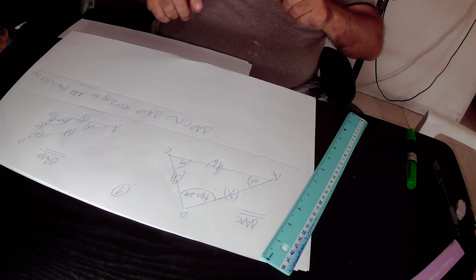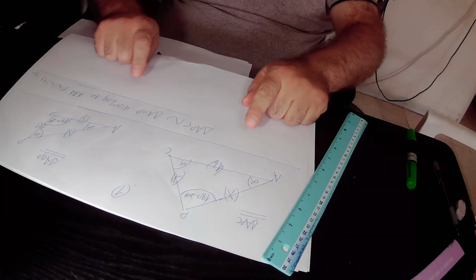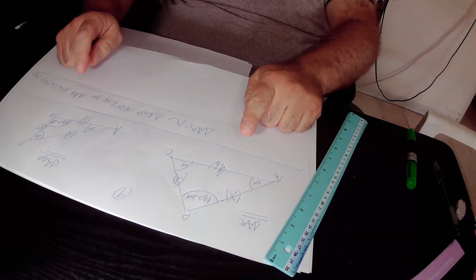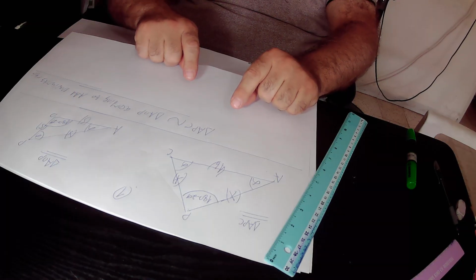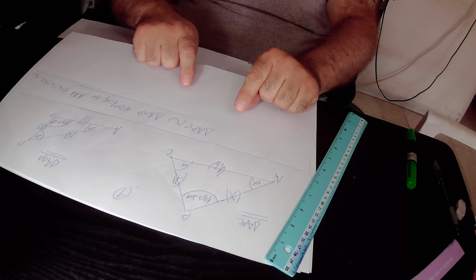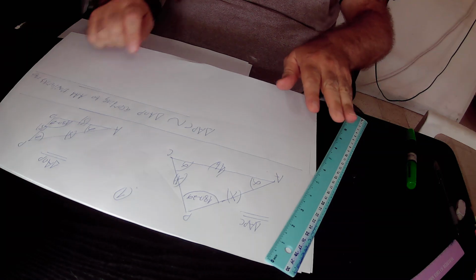So from the fact that those two triangles are similar to each other, we derive that the following relationship exists between their sides.